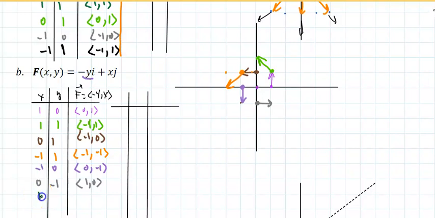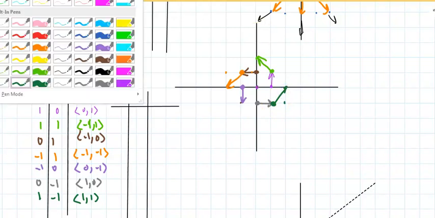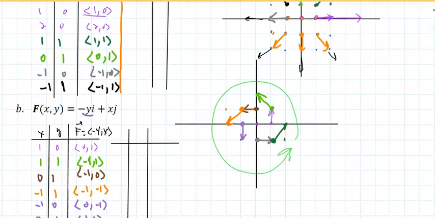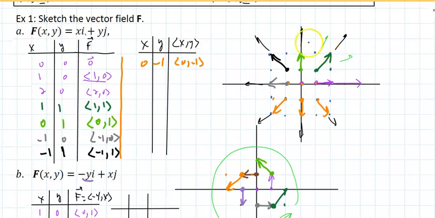If I run to that point 1, negative 1, switch those. So it seems things are running in a loop, sort of like circulating, and here things seem to be just being pushed outwards, and it's not always one or the other.